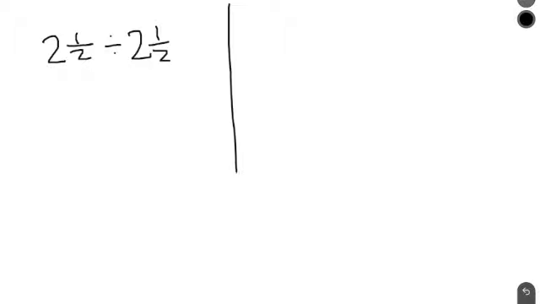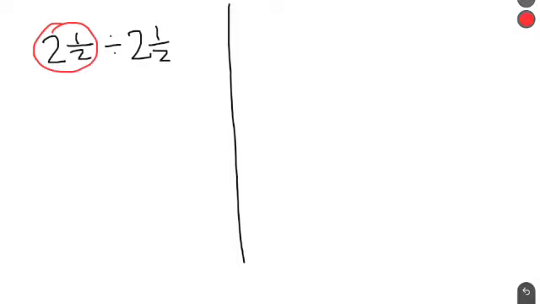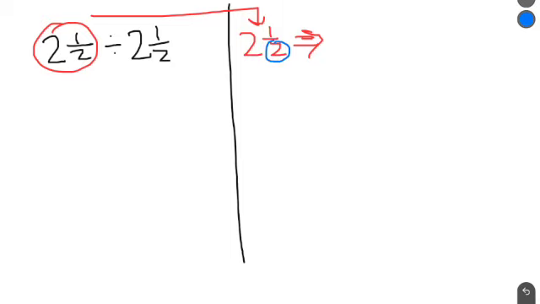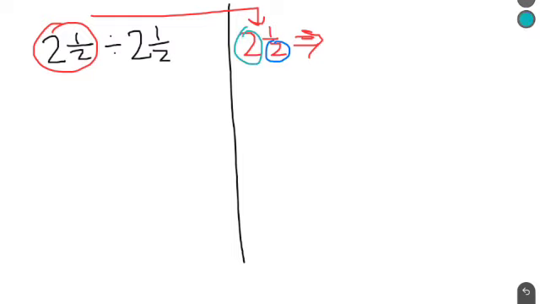So we say the first thing we want to do is convert these mixed numbers now to improper fractions. And if you recall, the way to do that is we say this 2 multiplied by this 2. Sorry, let's use a different color. This 2.